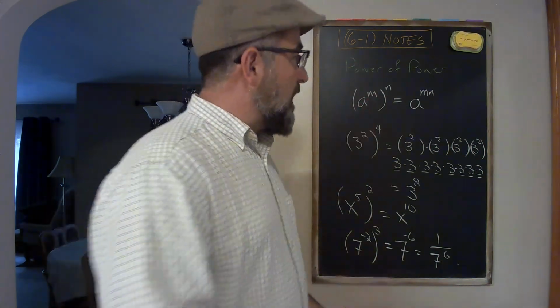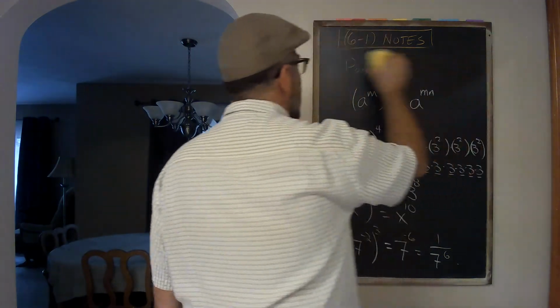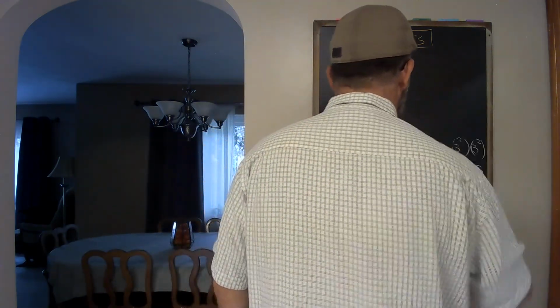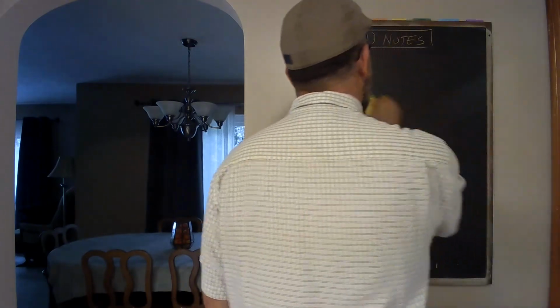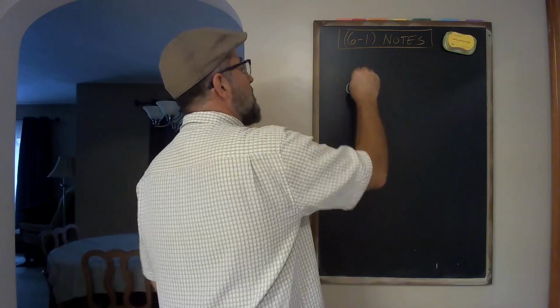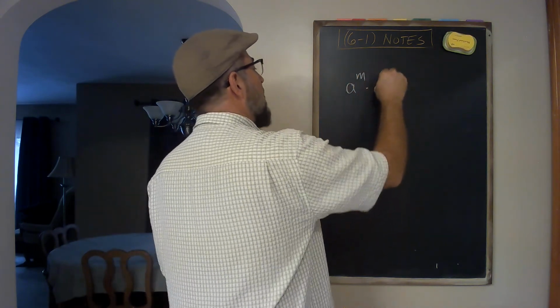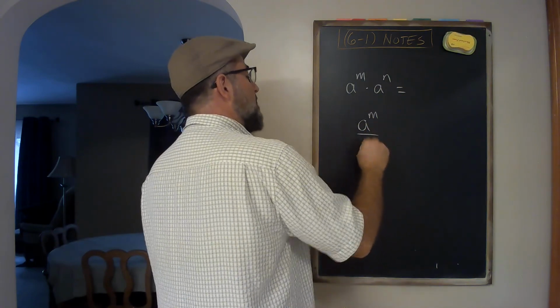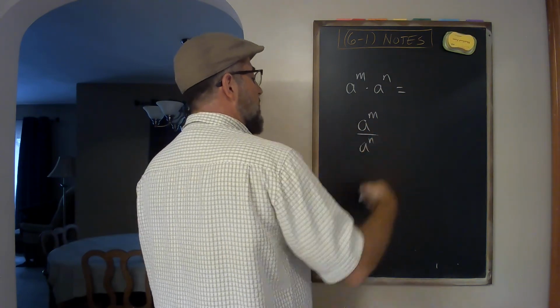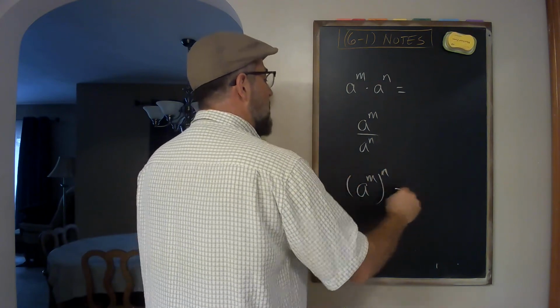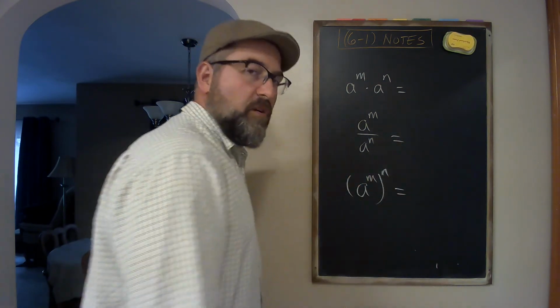You multiply. So, one last thing I want to mention before we get into some examples with this stuff is you're going to have to keep this straight. That if you have a to the m times a to the n versus a to the m over a to the n, and a to the m to the n, you have to know how these all work.